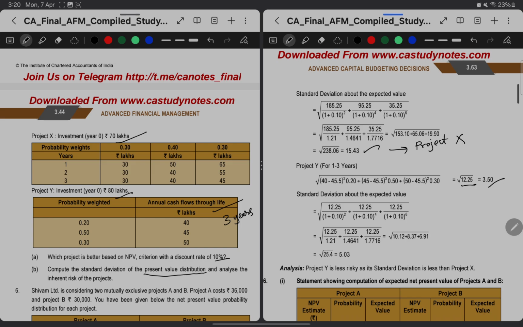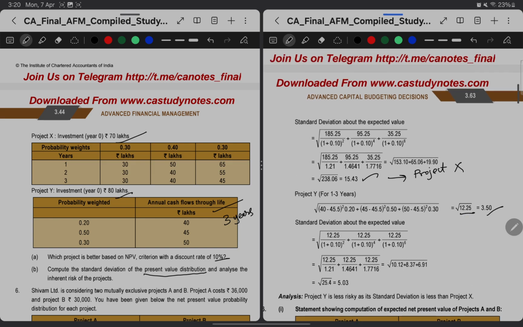Now in this case also we have to do the same way how we did for project X. The variance of yearly cash flows divided by the discount rates, but discount rates has to be multiplied by 2. So here we'll get a variance of 25.4 and the standard deviation is 5.03.